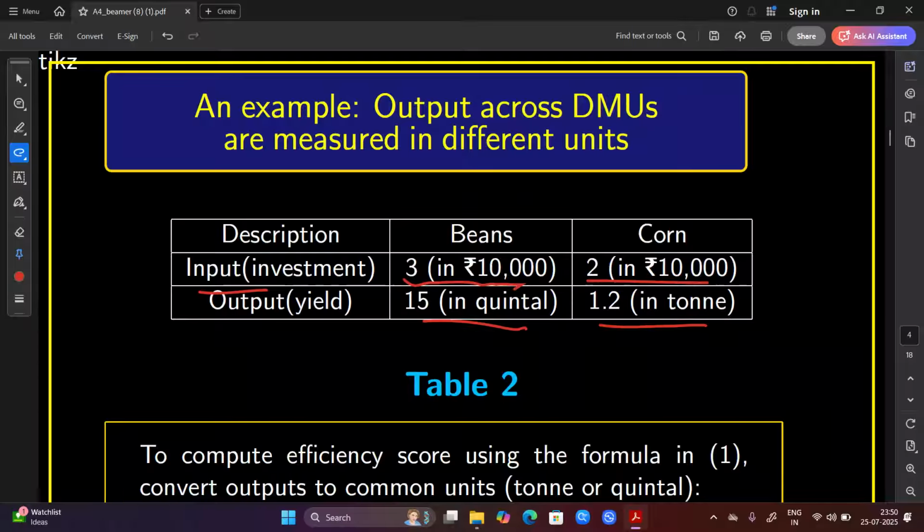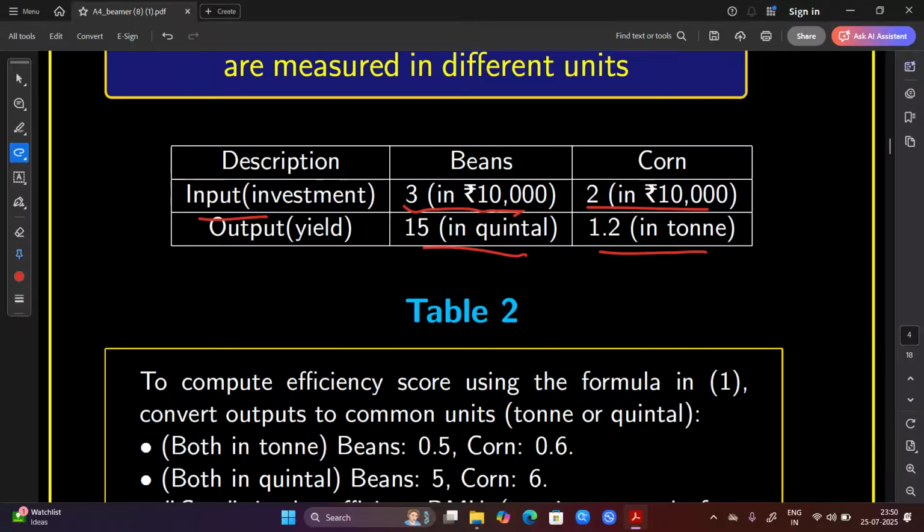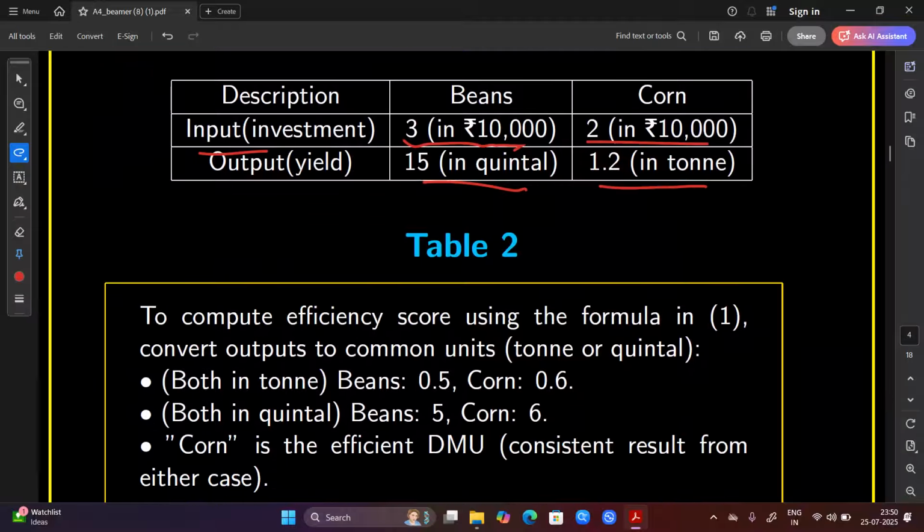Earlier I had explained this clearly. In table 2 you can see here, to compute the score using formula 1, first you have to convert both into ton, then you can get the result. For beans 0.5 and for corn 0.6, both in ton. If you convert both into quintal, for beans the value is 5 and for corn the value is 6.